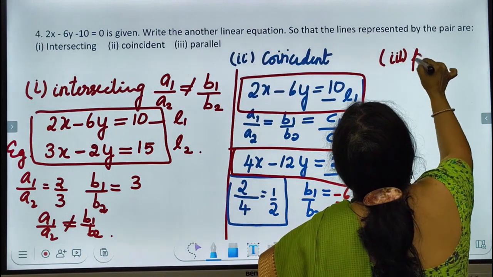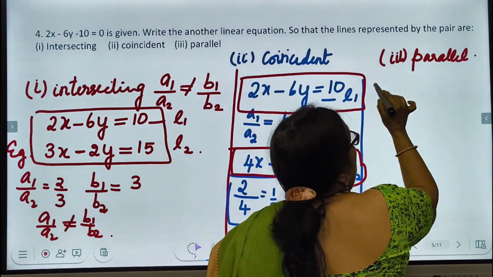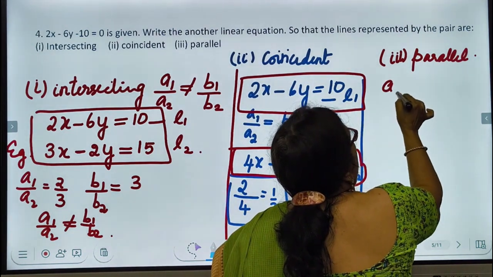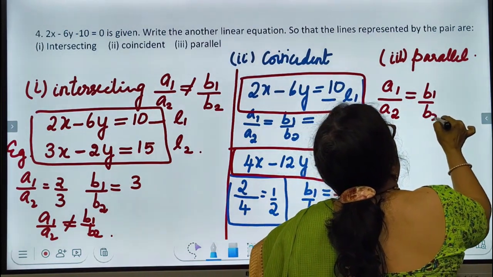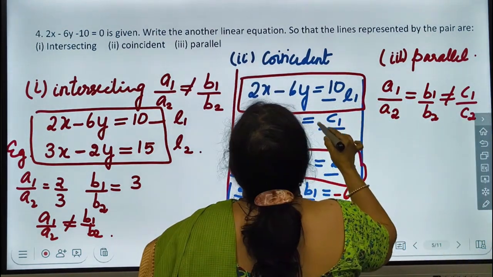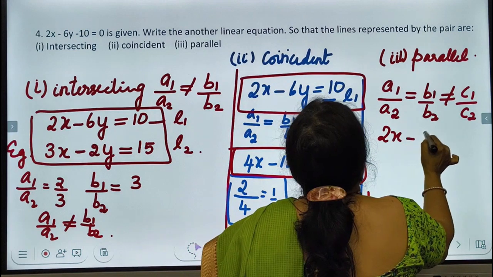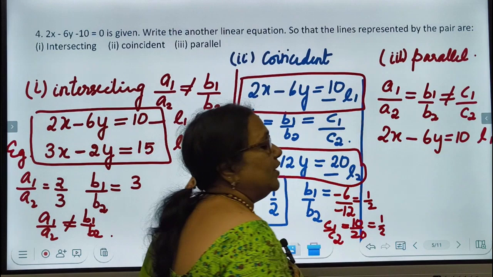Third, parallel. When will lines represent parallel lines? Two equations represent parallel lines when A1 by A2 should be equal to B1 by B2 but not equal to C1 by C2. What is the first equation given? 2x minus 6y equal to 10. So I have to give an example of L2.